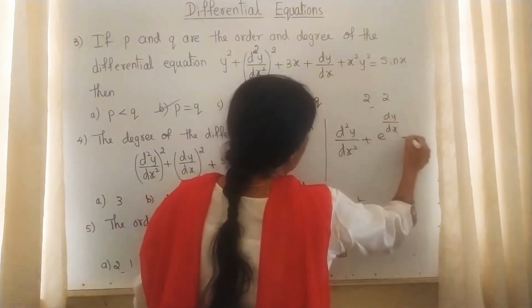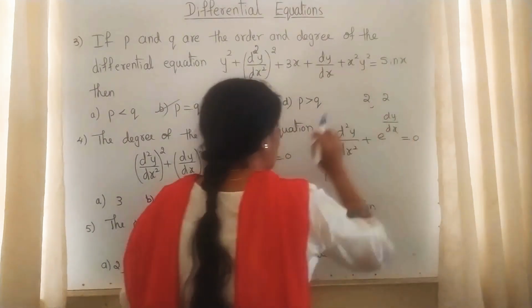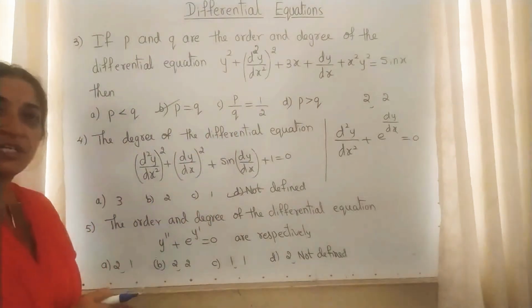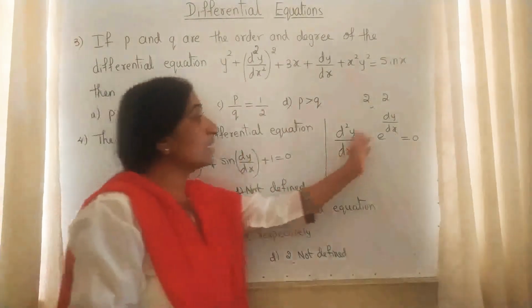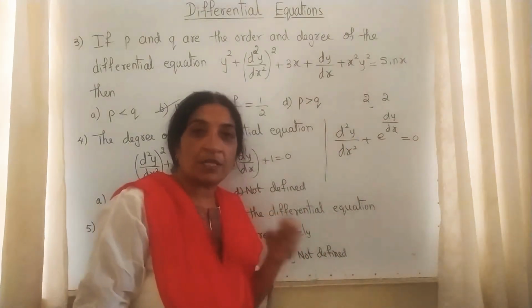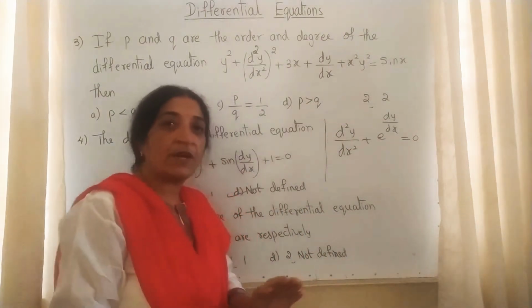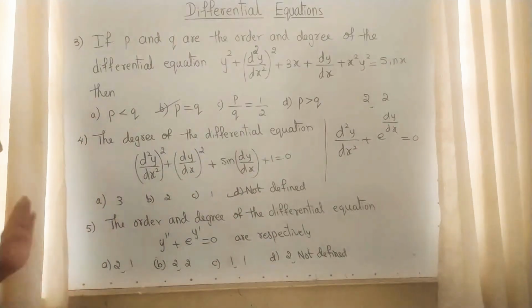What are you observing? E is depending on this power for its value. When dy upon dx changes, the e value also changes. That means again e is depending on dy upon dx. If anything is depending on dy upon dx, you cannot write the degree.